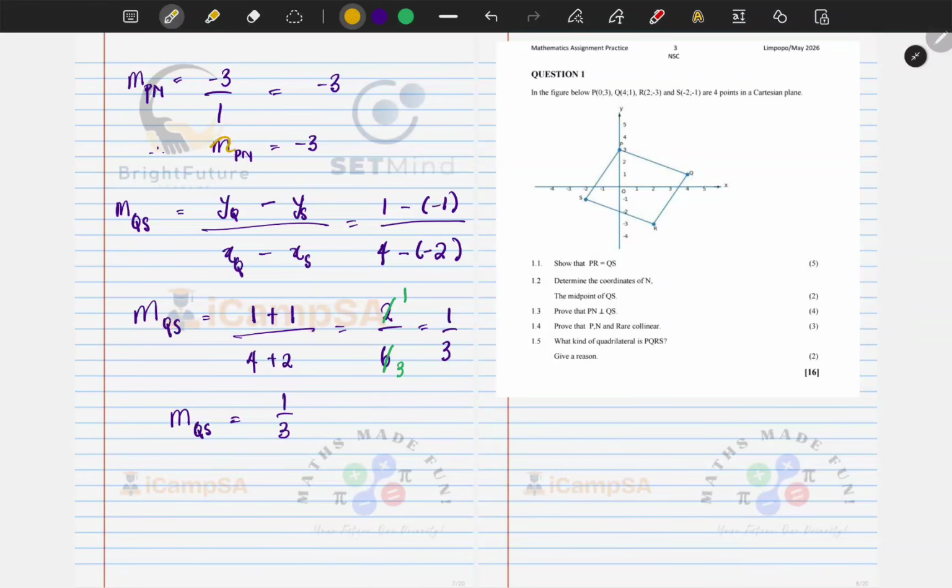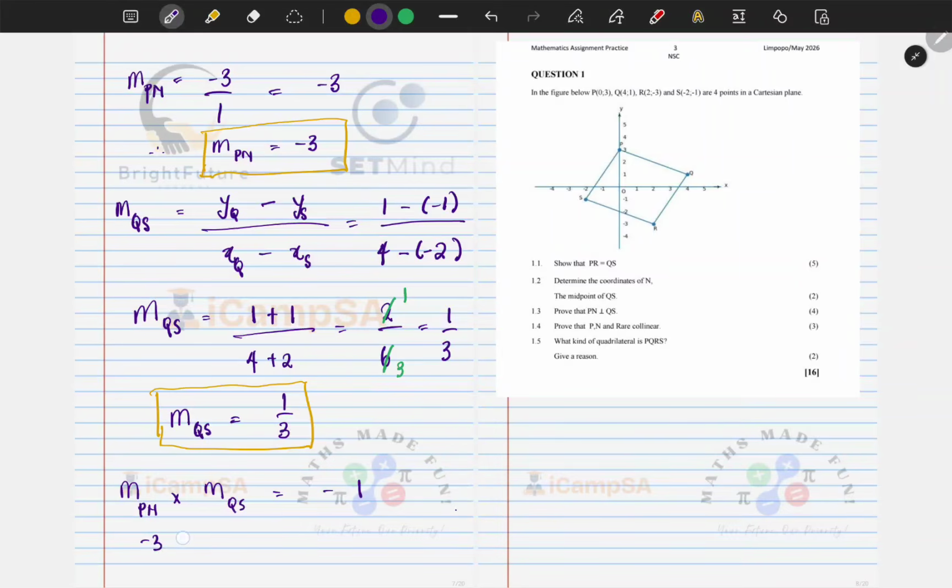Now, in order for us to prove that these lines are perpendicular, remember what we said. We said your m_PN times your m_QS should be equal to negative 1, right?